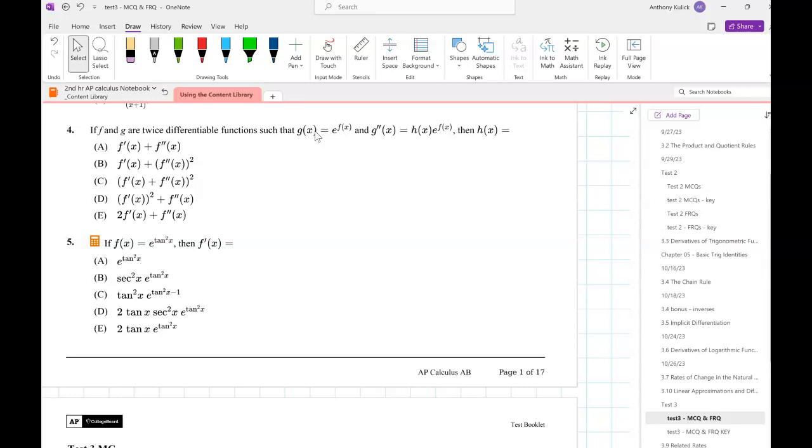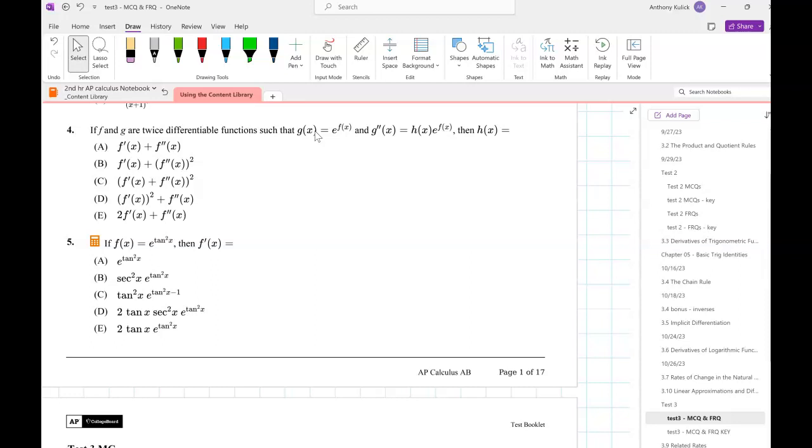Then he said, okay, well, to get the second derivative, I'm just going to do the derivative of the first derivative. So e to the f of x times f prime of x requires a product rule, because I have two functions that are being multiplied. So the first piece is e to the f of x times the derivative of f prime of x.